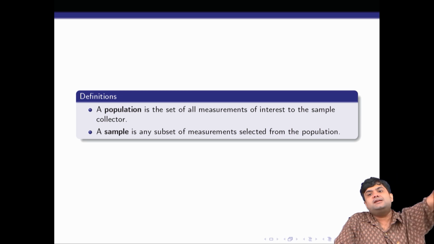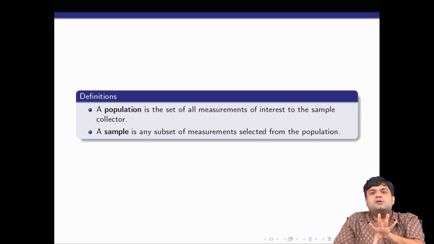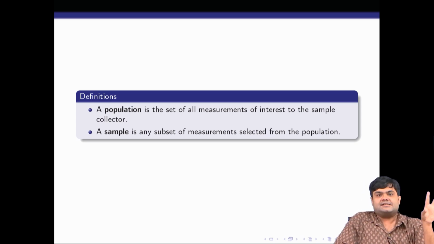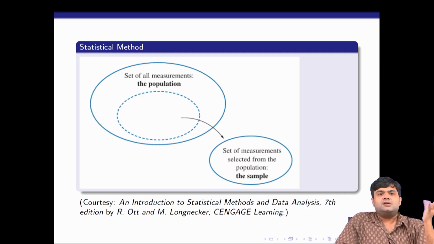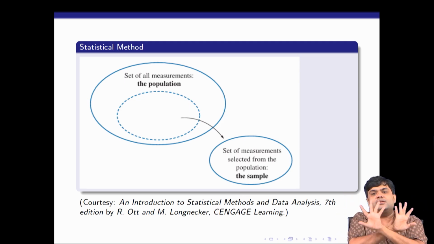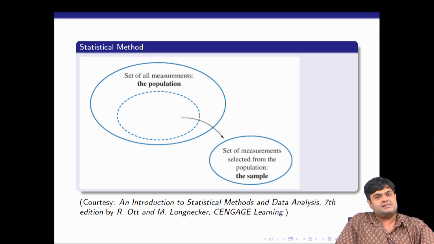So inferring about all possible measurements based on some selected measurements is the foundation of statistics. The statistical method is essentially that you take the set of all measurements, the population, and the set of measurements collected from the population, the sample. You want to decide about the population based on the sample. That is your statistical method.